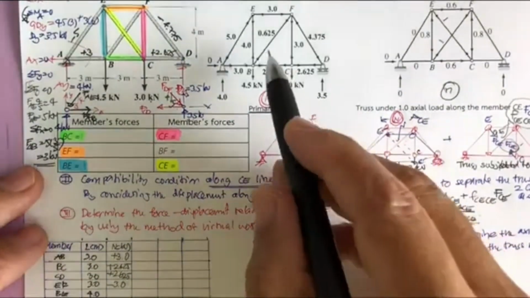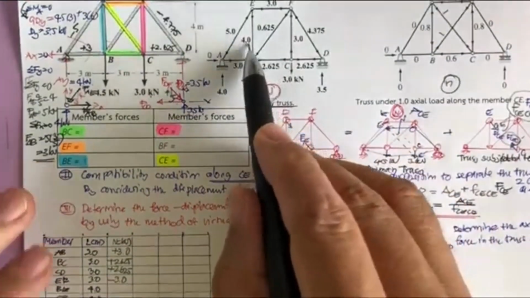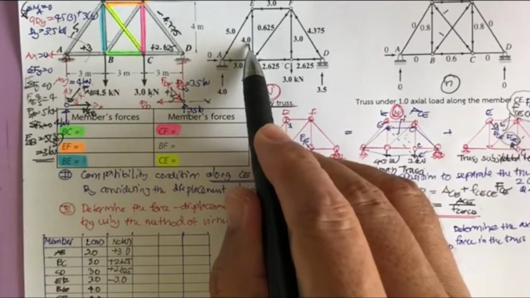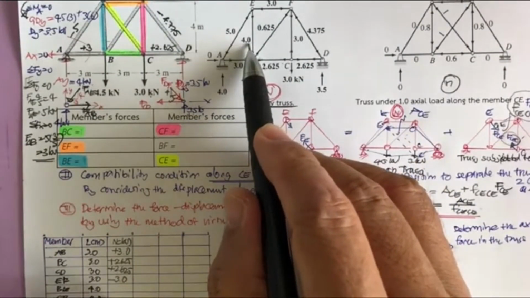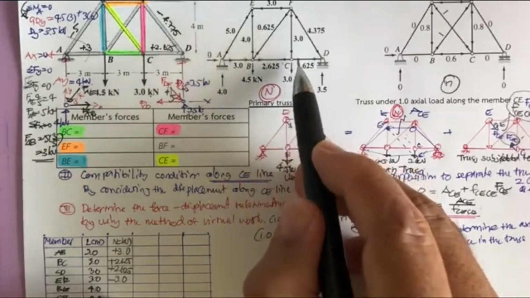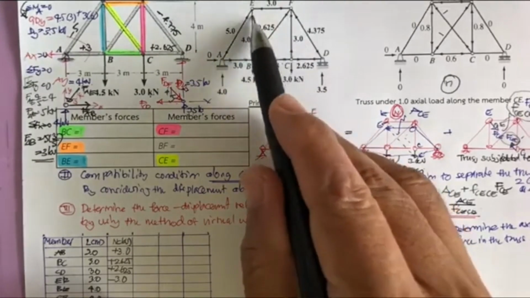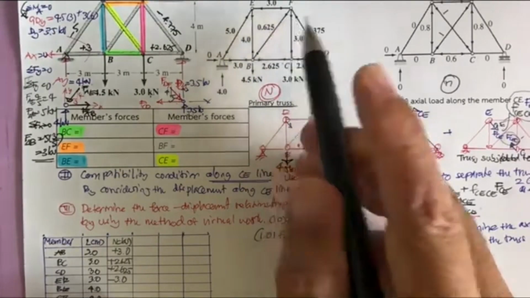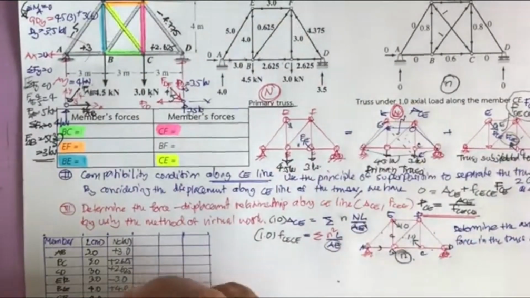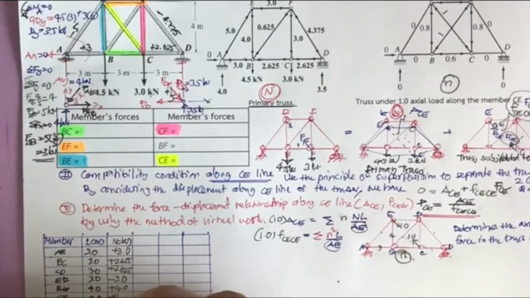And then you copy all of this. BE is 4, and this is 3. This is tension, plus 4.0, and plus 3.0.